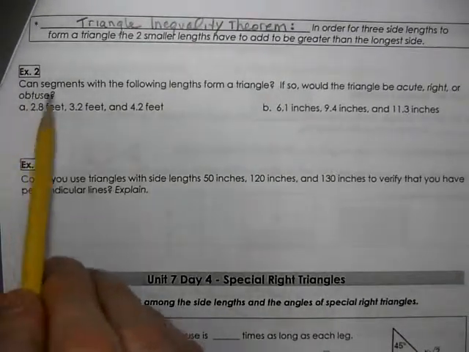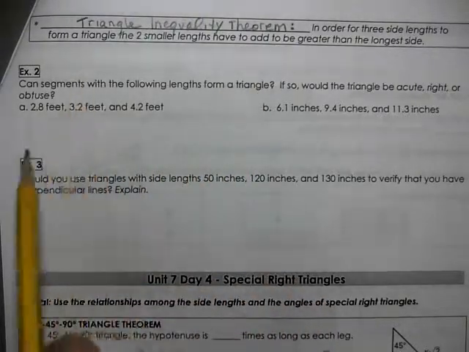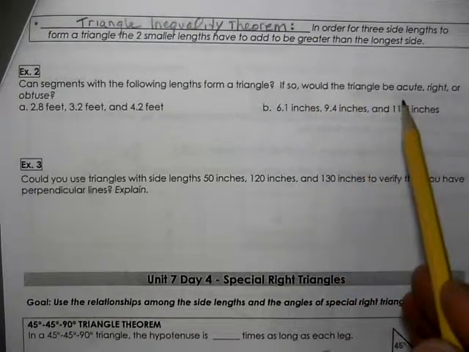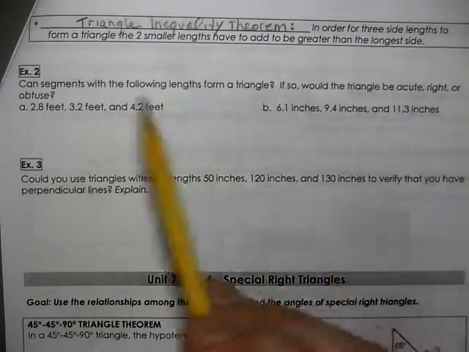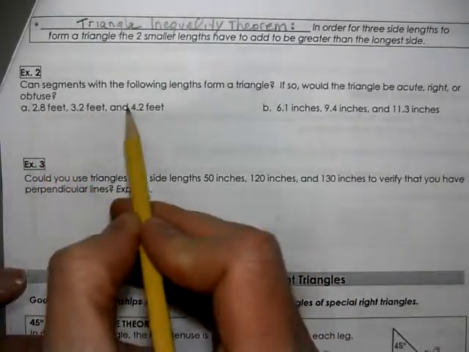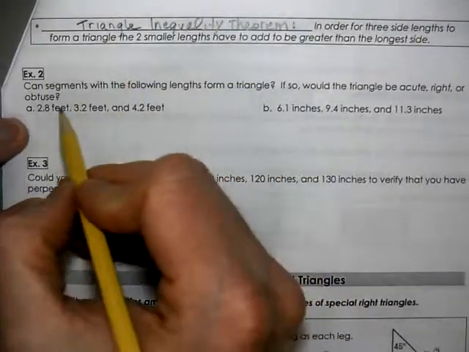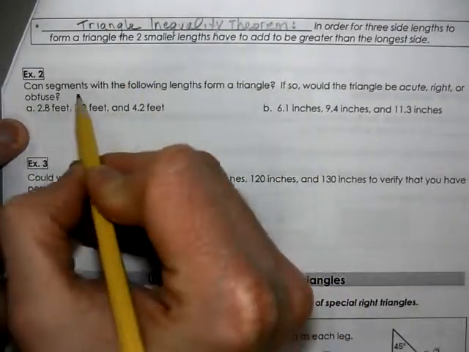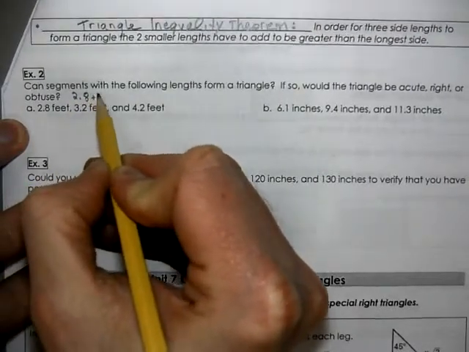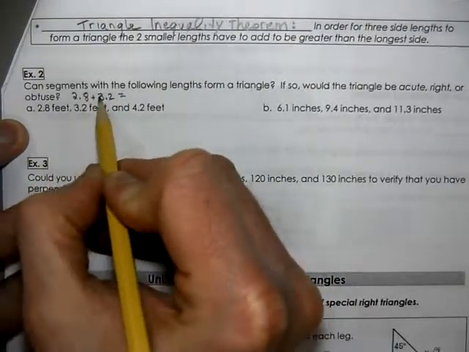So let's see. Can segments with the following lengths form a triangle? That's the first question. And the second question is, if it makes a triangle, is it an acute triangle, a right triangle, or an obtuse triangle? So what we're going to do is look at all three lengths. We have to take the two smaller sides, the 2.8 plus the 3.2, and that adds up to be 6.